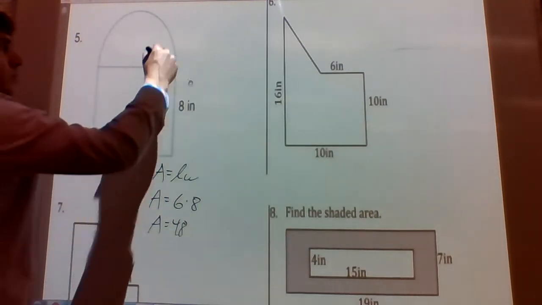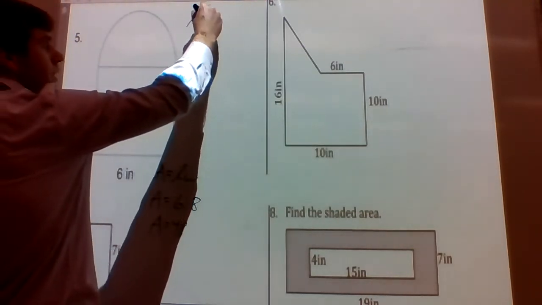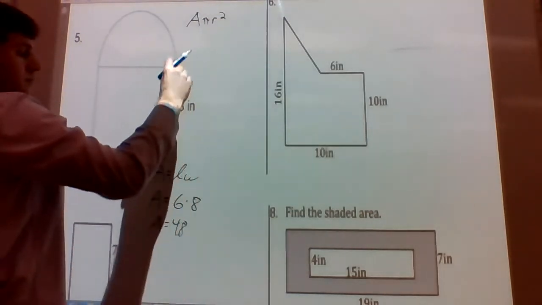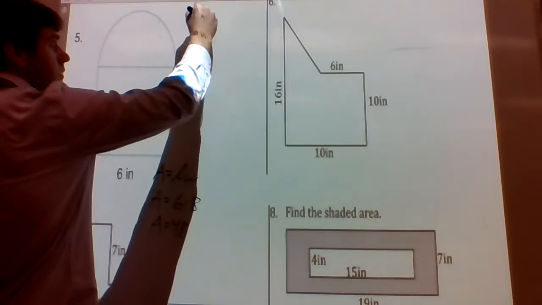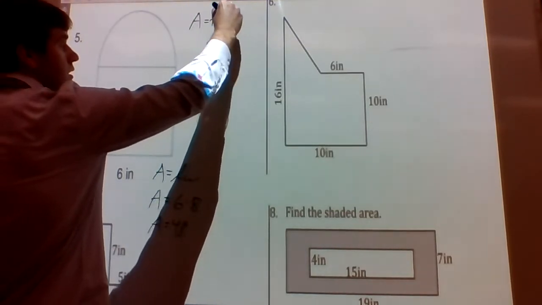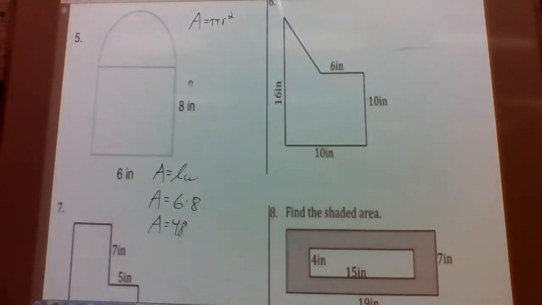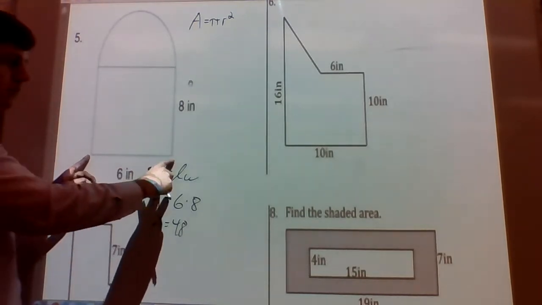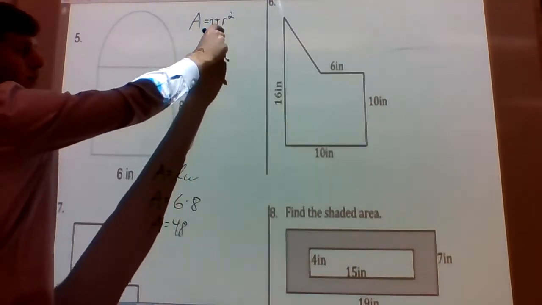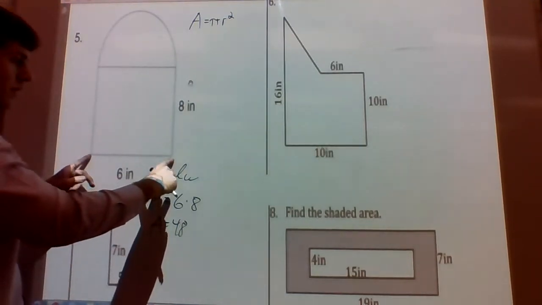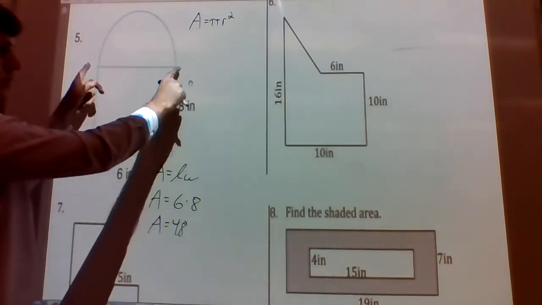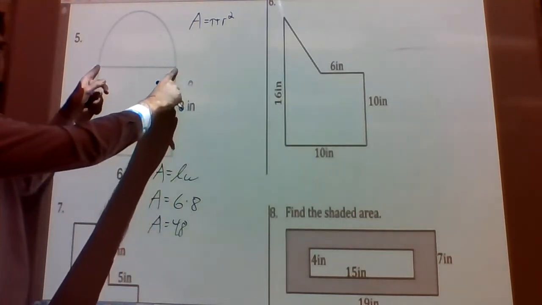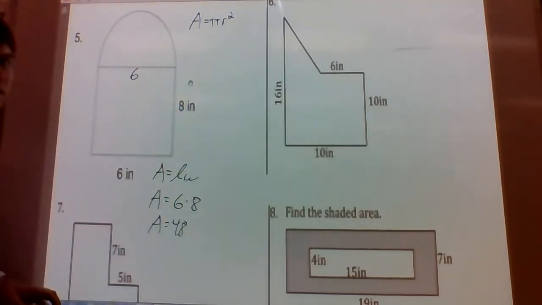The area for a circle is pi r squared. Well, the key is we have to find what the radius is. So we know the length of this side of the rectangle is 6 inches. So we know the length of the opposite side of the rectangle is also going to be 6 inches.